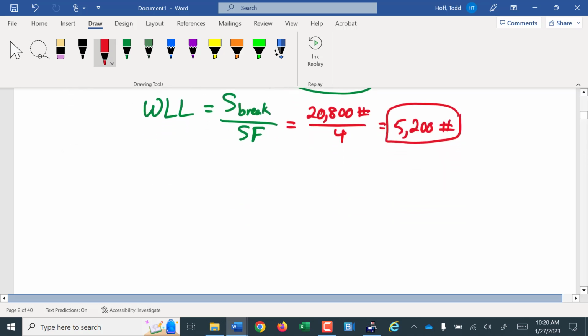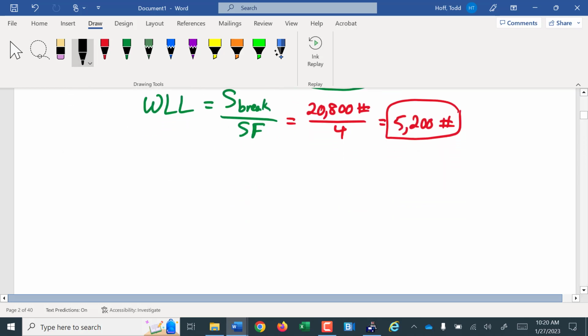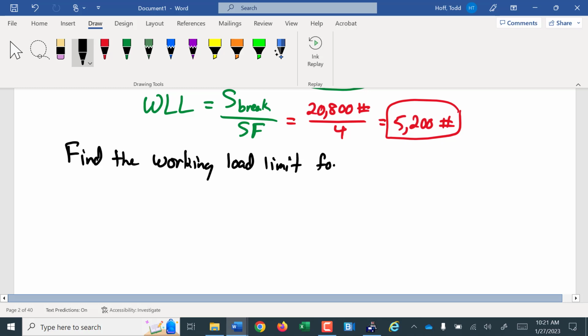So anyway, let's do an example of this, and then we'll let you guys take a break here. So we're going to find the working load limit for 1/4-inch fiber core with a safety factor of 5.